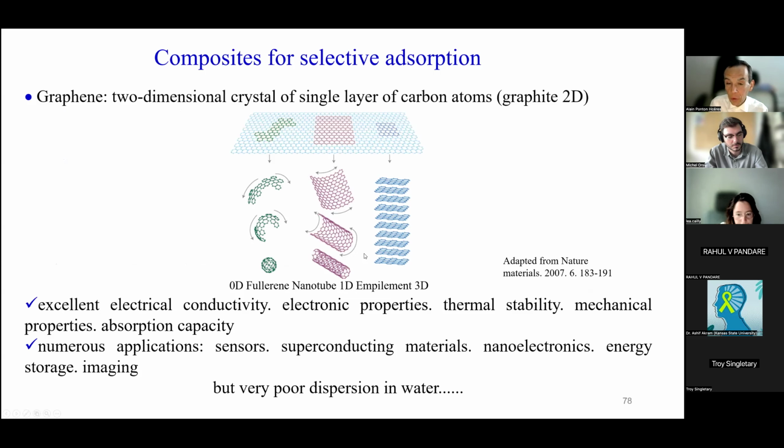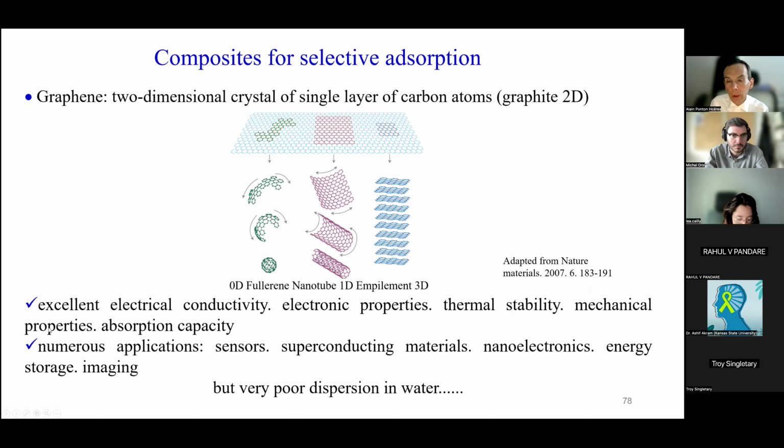The discovery of this kind of structure is around 2000, and you can obtain different structures depending on the dimension of these crystals.